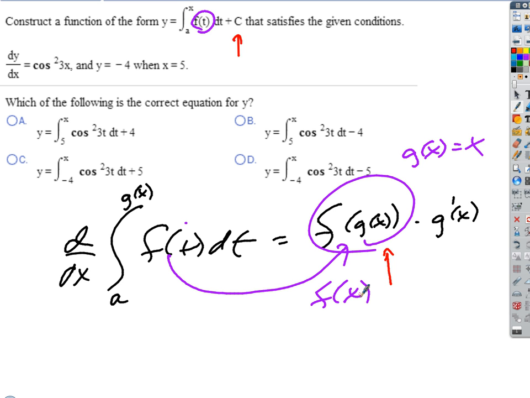How are you gonna choose the value of x in such a way that this area plus the constant has a value of -4? Right? So you're picking the value of x, the upper limit. See what I'm saying? And you get to choose the value of c, so one of those values of c is gonna make sense.